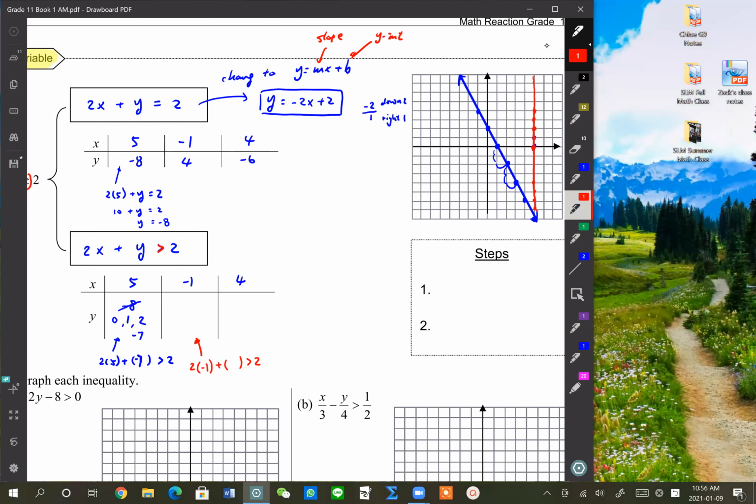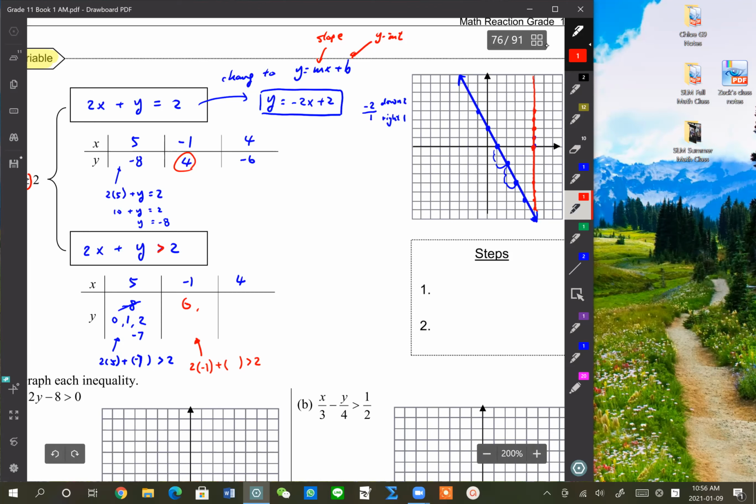Anything greater than 3. So like 4? 4 will be equal to 2 though. Oh yeah, never mind. Anything greater than 5. So like 6? Yeah. 2 times negative 1 is negative 2. Negative 2 plus 6 will be 4.